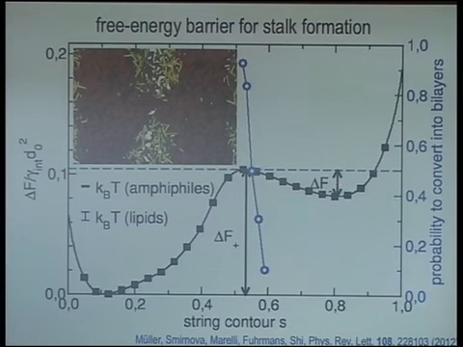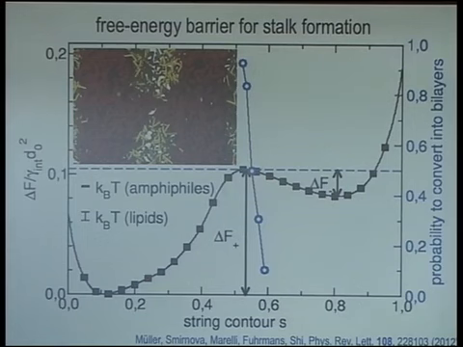So if you then look at the free energy along that string contour, then here you have the 2 bilayers, here you have the stalk, which has the slightly higher free energy, and this is the barrier between it. And actually it does agree also very well with self-consistent field calculations for a similar model. And of course, you can do the test, right?